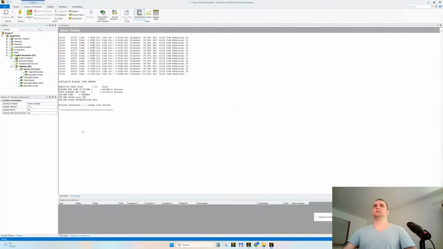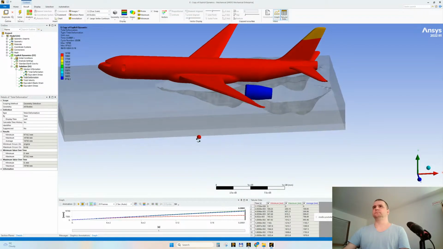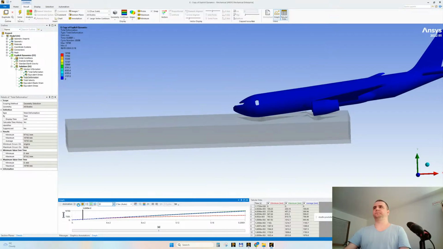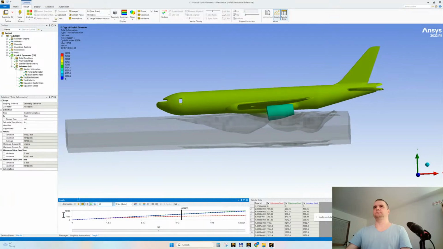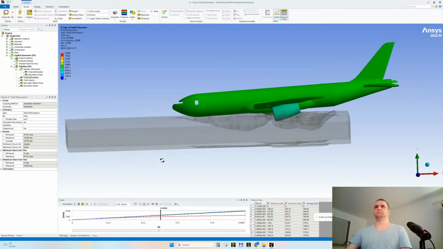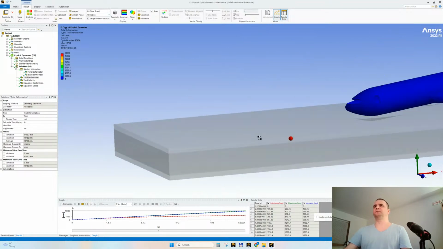Let's see how we're doing. So, 50 frames. Yes, it should have been extended, but it's perfect for today.